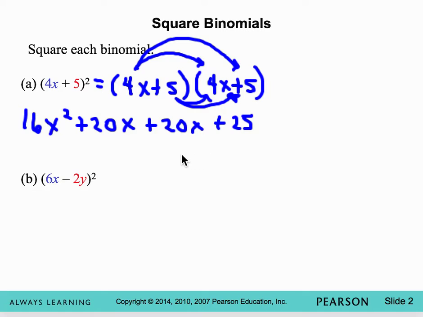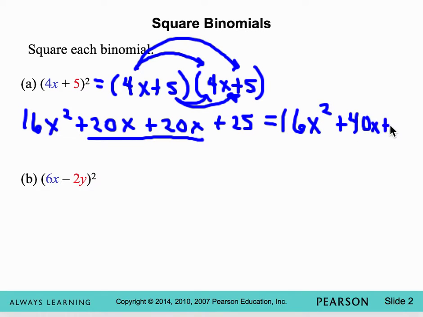So this one, instead of the two terms in the middle canceling out and adding to 0, they double, right? Because I'm going to have a 4x times 5 and a 5 times 4x. So I'm going to get 2 of these terms in the middle. 16x squared plus 40x plus 25.